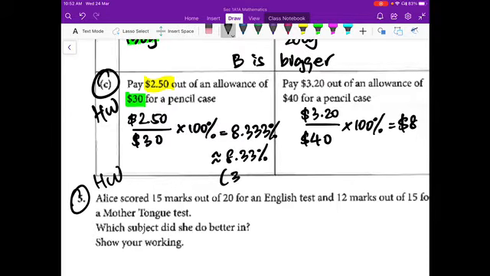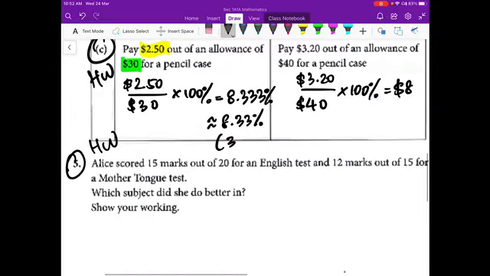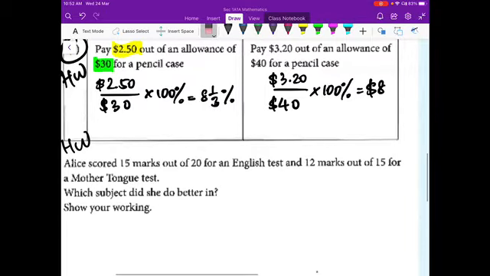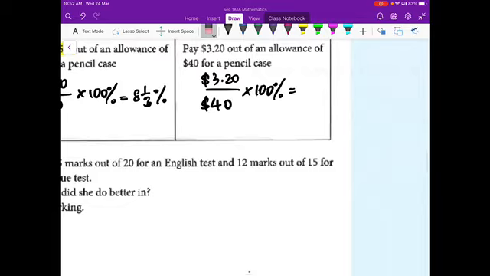Did they say leave in 3 decimal places as well? No. So we can leave it at exact 8 and 1/3%. Okay, we can leave it as exact 8 and 1/3%. 3.2 divided by 40 and you times 100 and we get 8.